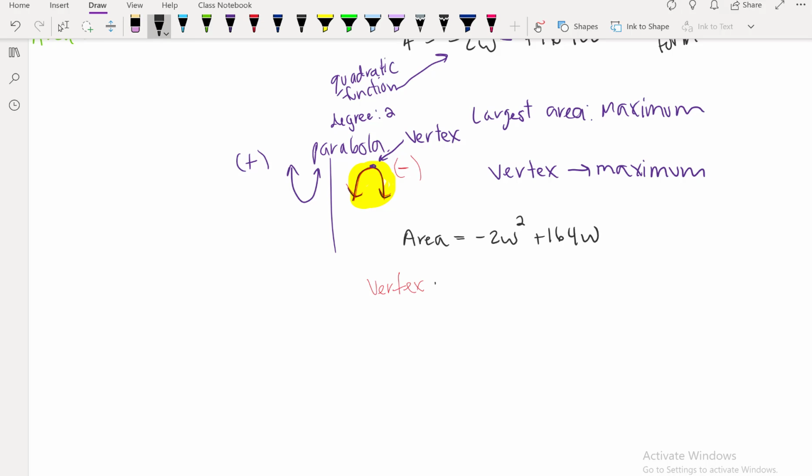So the vertex is going to be a special ordered pair that's going to be at the very top. So I have my H and my K value to represent the vertex. So I can find my H value by plugging it into negative B over 2A. And here I have A equal to negative 2 and B equal to 164. So I'm going to have negative my B value over 2 times my A value.